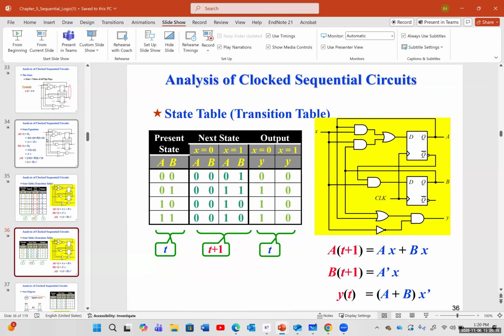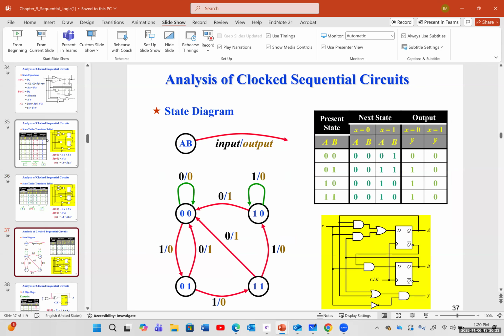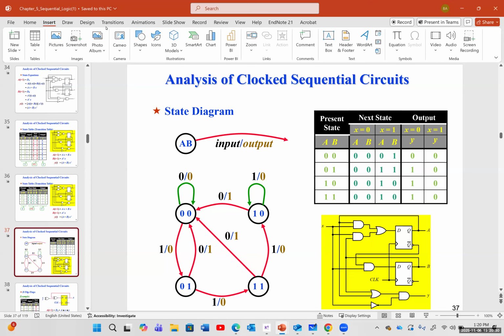Today we're going to continue with the transition table, but use another approach. This approach is called the state diagram. The state diagram is the easier way to actually solve these types of problems, and it simplifies the transition table.